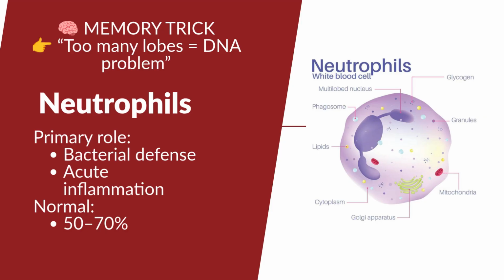Bands have a horseshoe nucleus and are immature. Know the difference. Segmented neutrophils have thin filaments between lobes. All right. If you see neutrophilia, left shift, toxic granulocytes.